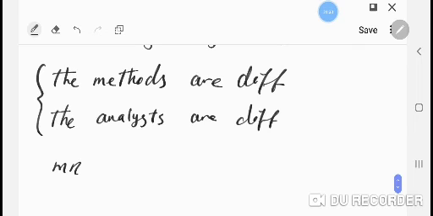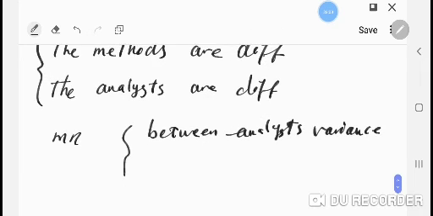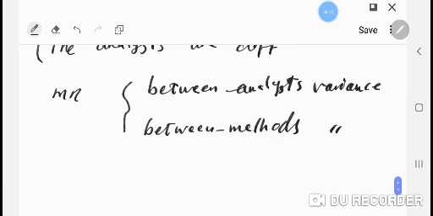The total variance is divided into a between analysts variance and between methods variance and an error variance.